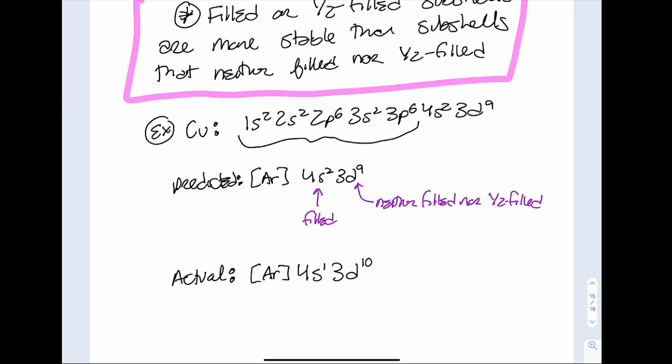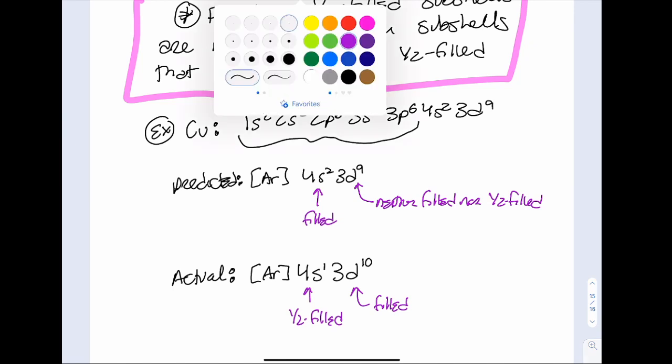So this is filled, and this is half filled. Before I fixed it, I had one subshell that had relative stability and one that didn't. Now I have two that both have relative stability. So that's going to be more stable.